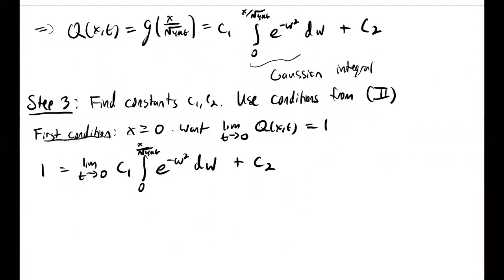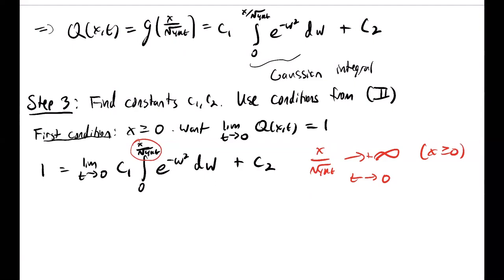Well, notice in this integral, the only thing that changes with t is the top bound here. And in particular, as t goes to 0, the denominator of this gets very small, so the ratio blows up. So this goes to positive infinity as t goes to 0, because since x is bigger than or equal to 0, the numerator will be positive.